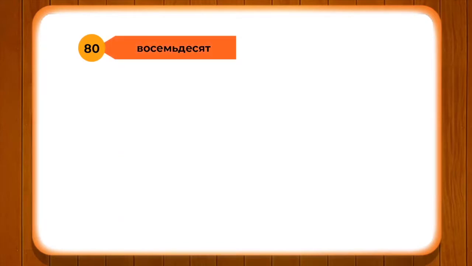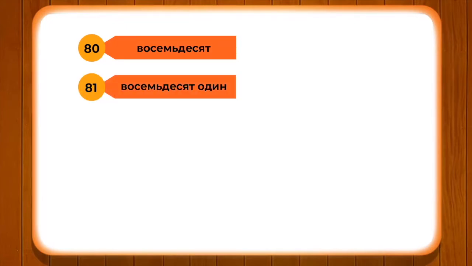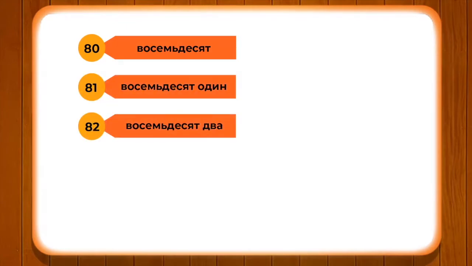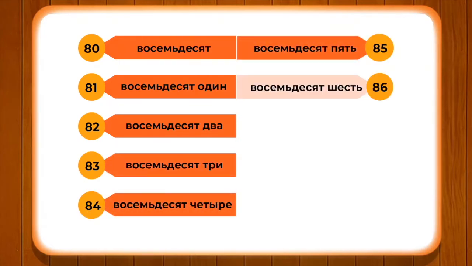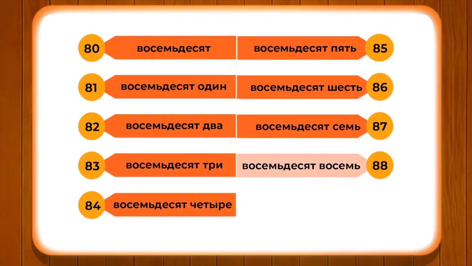From 80, 81 to 90, and from 91 to 100. So for 80 we have 80. So 81, 82, 83, 84, 85, 86, 87, 88, 89 and then 90. 90 is 90.